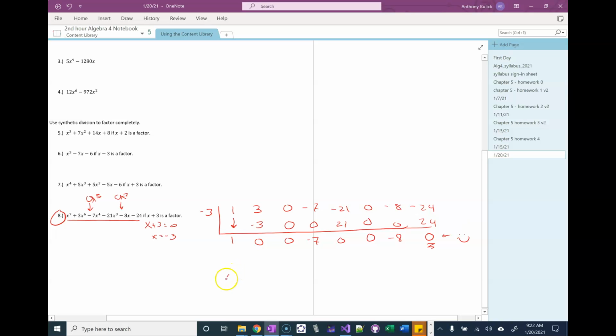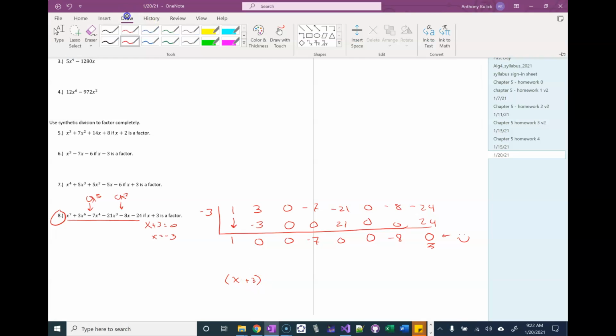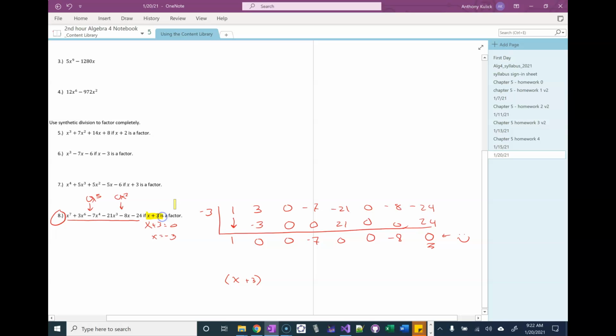Since that gives me a 0, I know that x plus 3 is one of my factors, since the x plus 3 is what I did the division with. So I know automatically that's one of my factors. My other factor is going to come from the quotient.